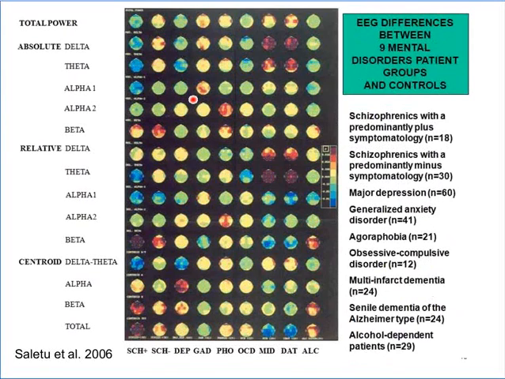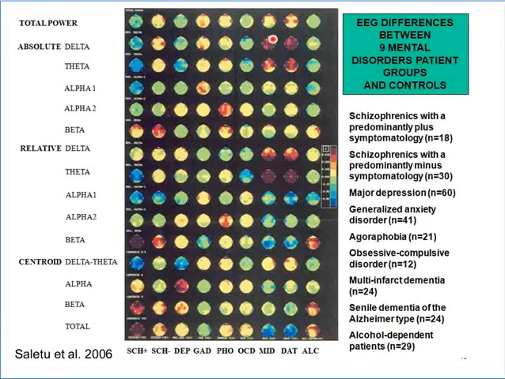And if you compare this now to a very similar picture depicting the differences of brain activity in terms of EEG between groups that exhibit a certain mental disorder and controls, you would see that each column here now represents one of those mental disorders.